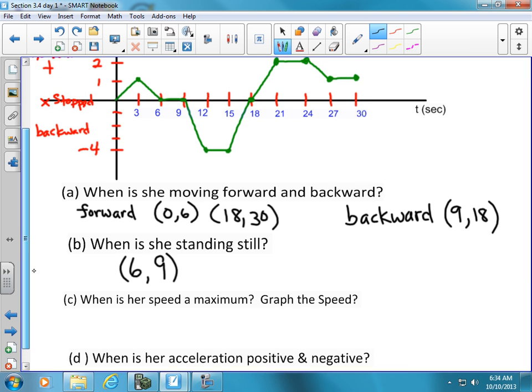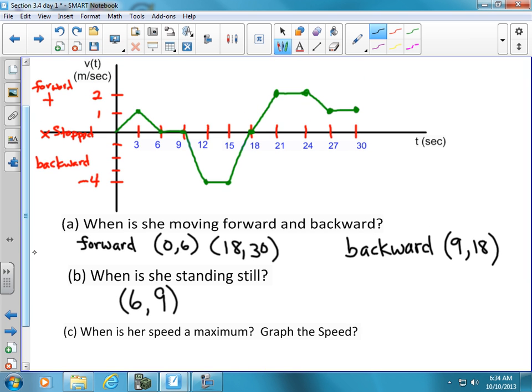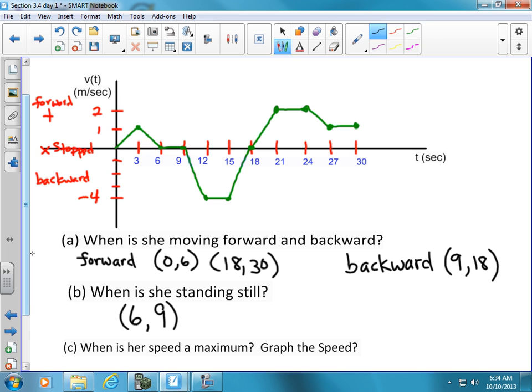When is her speed a maximum? And graph the speed. Now remember, speed is an absolute value function. So that means that this is -4, so I need to put a +4 up here. Because when I graph the speed, it's the same as the velocity graph, except anytime it is negative, I am going to make it an absolute value.